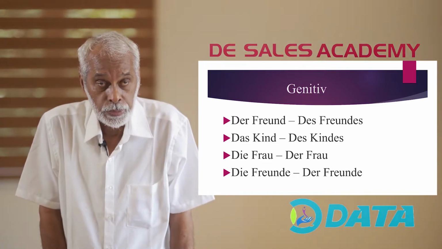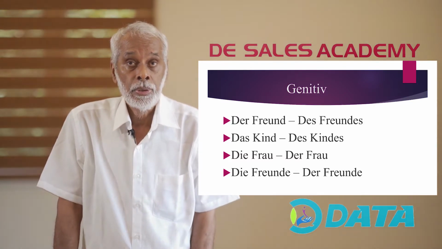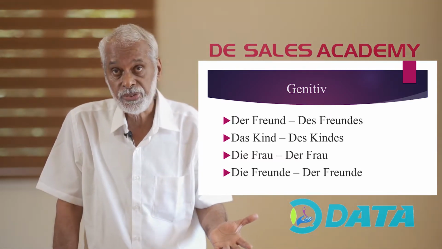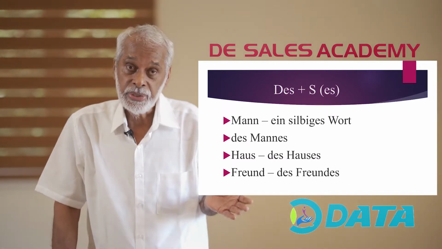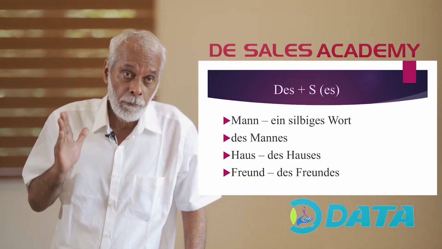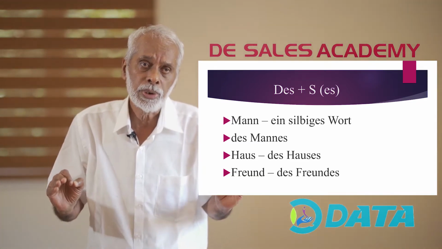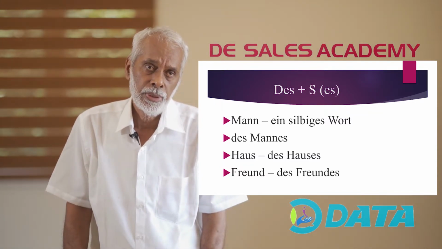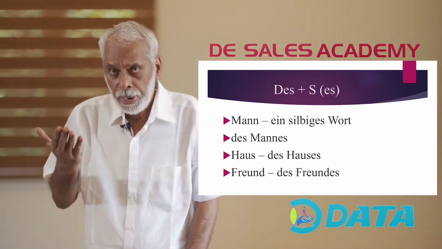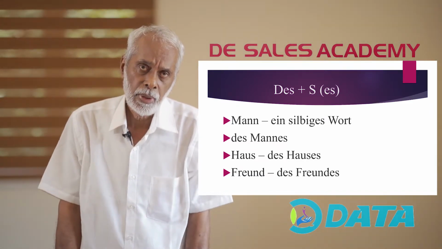Now, you have to learn something more, because the question always arises, is it des plus s or des plus es? There is a clear-cut rule regarding this. Take the noun Mann, for example.